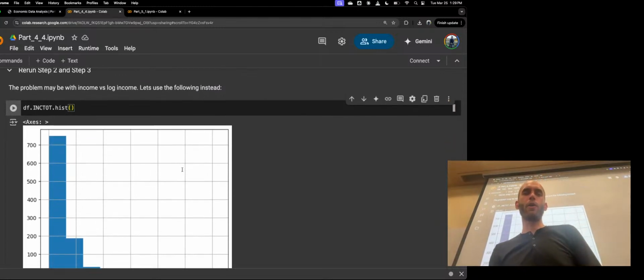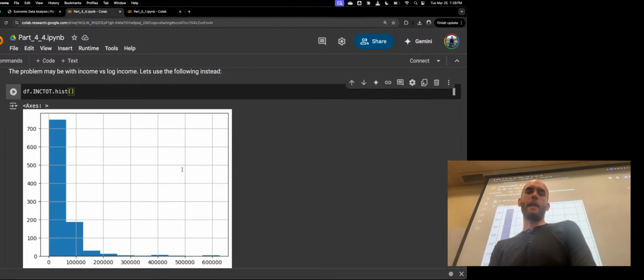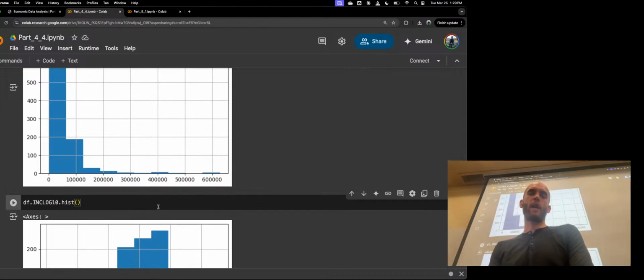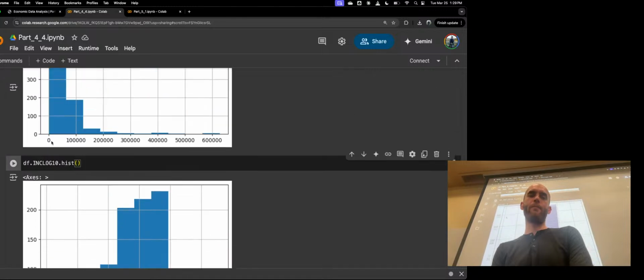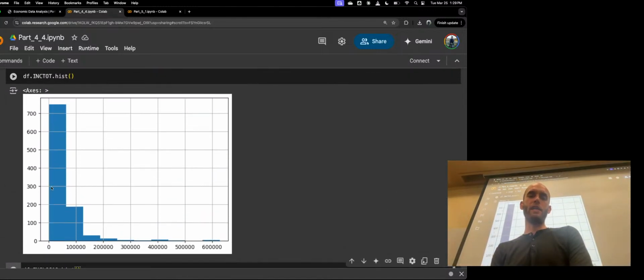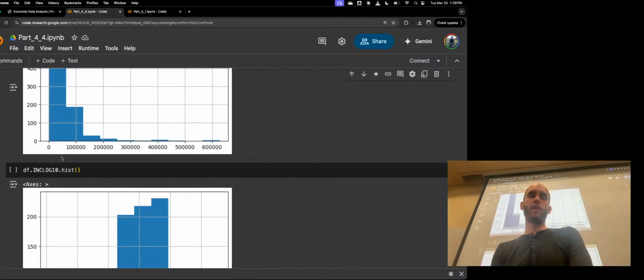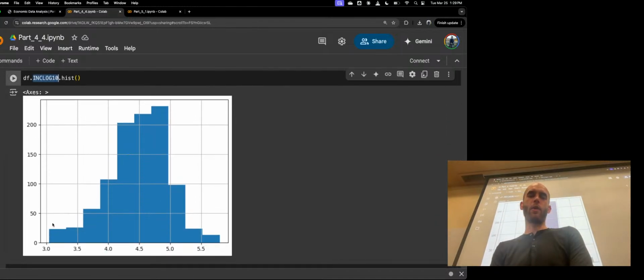But another approach is to transform the dependent variable. So we talked about log income. What we did is we took the income and we took the log of it. So on the horizontal axis, we just have the log income. When we go from log 10 income 3 to 4, we're increasing by a factor of 10.